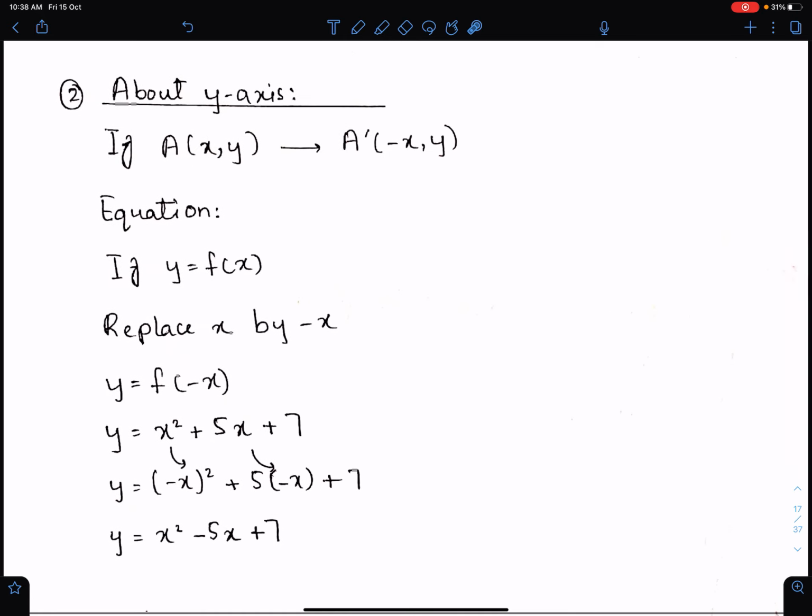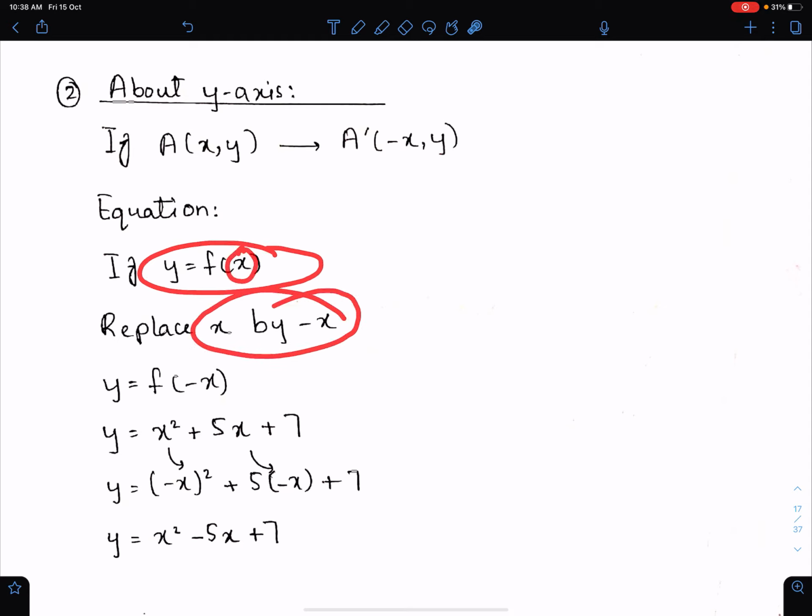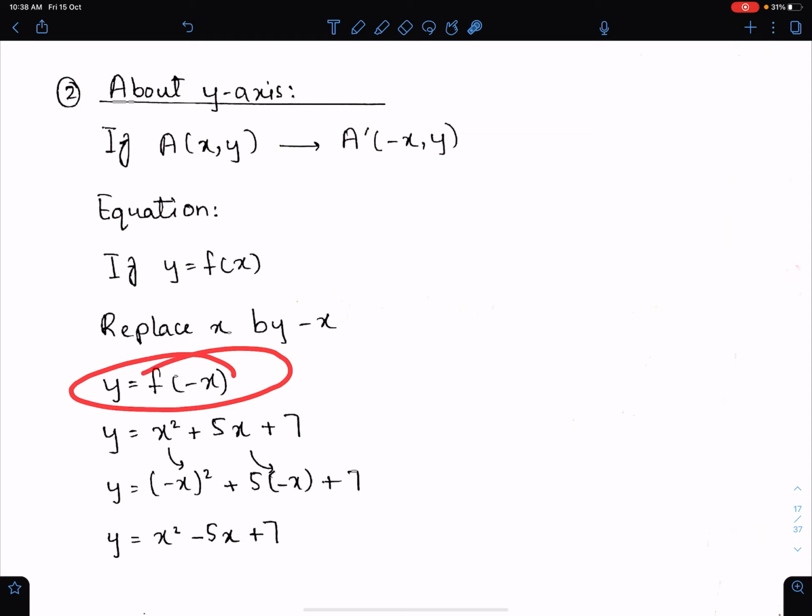Reflection about the y-axis. This is very simple. When you reflect anything about the y-axis, you opposite the sign of the x-coordinate. And this is the equation of the object. So you just need to replace this x by minus x. This is the equation of the resulting graph. And this is the example.